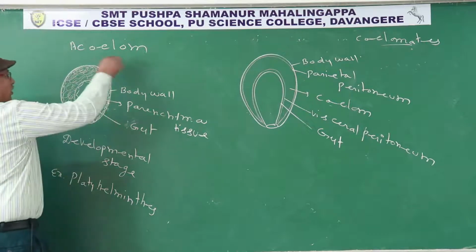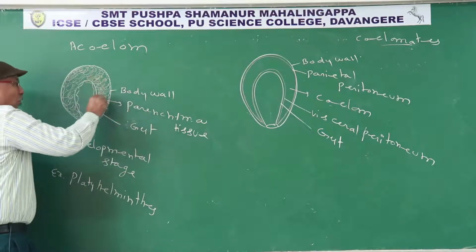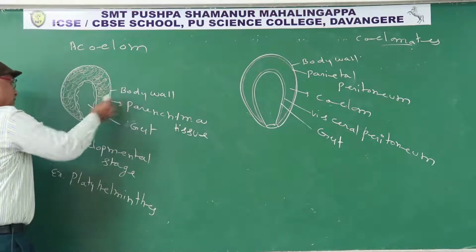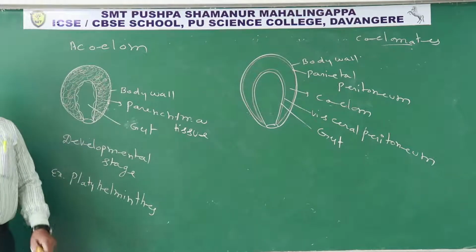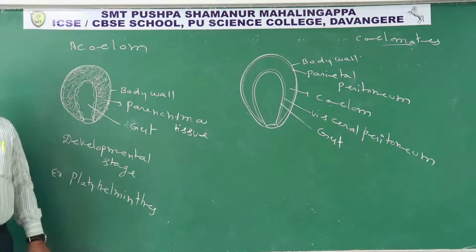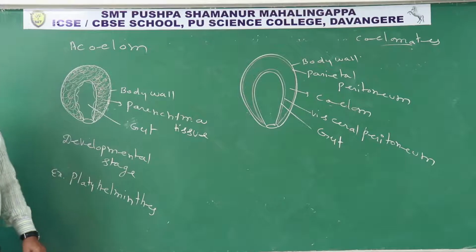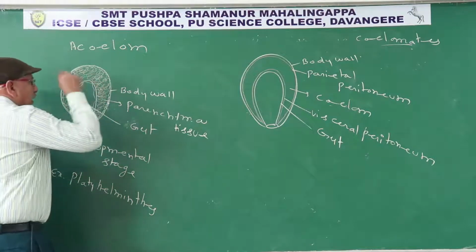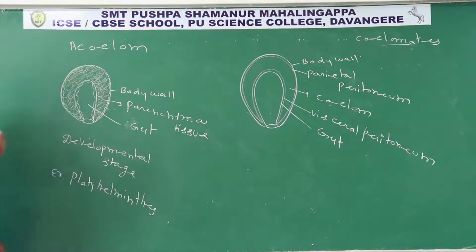Once again, acoelom. Body cavity absent between body wall and alimentary canal is known as acoelom. Example, platyhelminthes. Why is body cavity absent in platyhelminthes? Due to presence of parenchyma tissue between body wall and alimentary canal, coelom is absent.